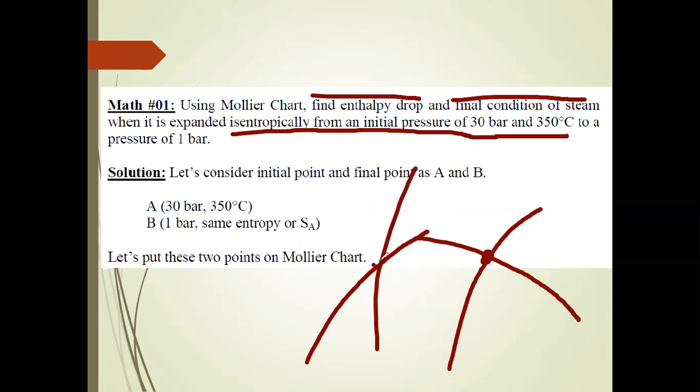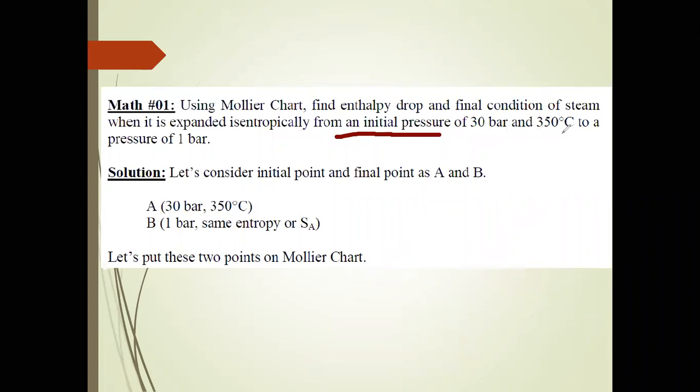So initially the pressure was 30 bar and the temperature 350 degrees Celsius. One is the pressure, 30 bar, and the other is the temperature, 350 degrees Celsius. Can any student tell me which steam it was at first?